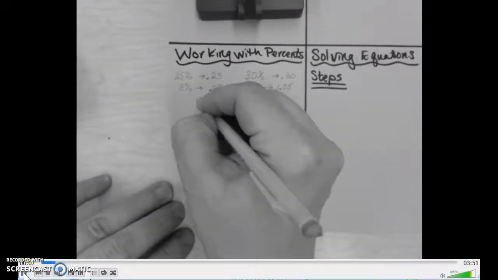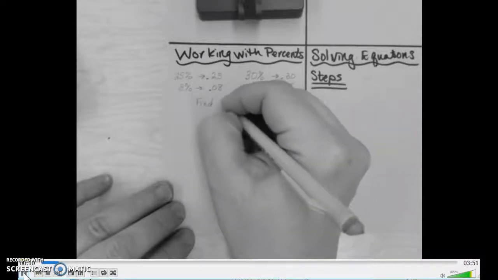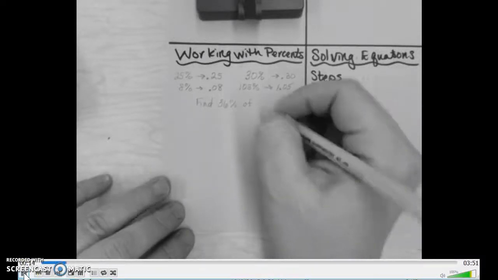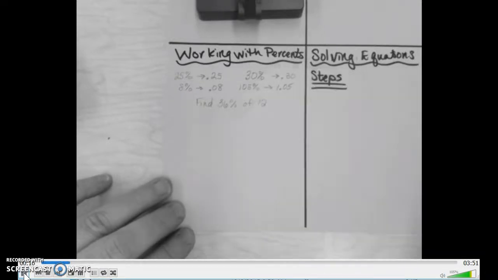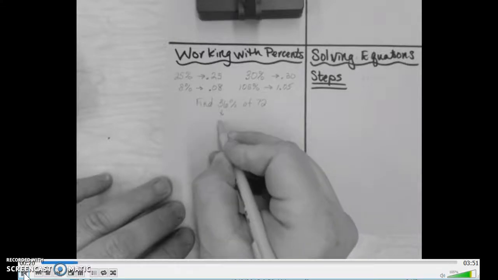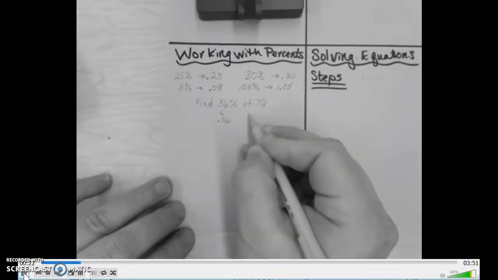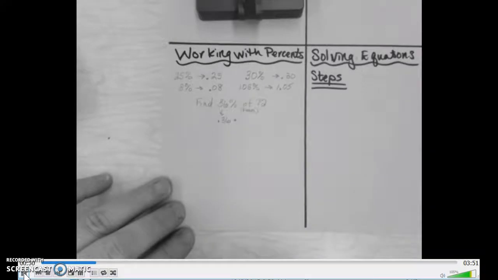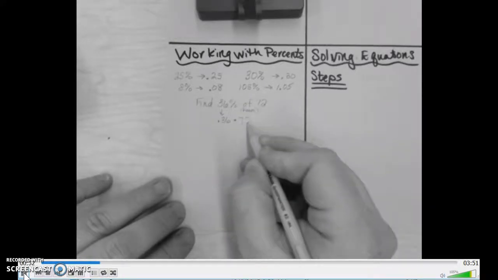And so find 36% of 72. Well, you first have to write 36% as a decimal, which is 0.36. Then you recognize that of means times, so I'm actually going to multiply and multiply by 72.